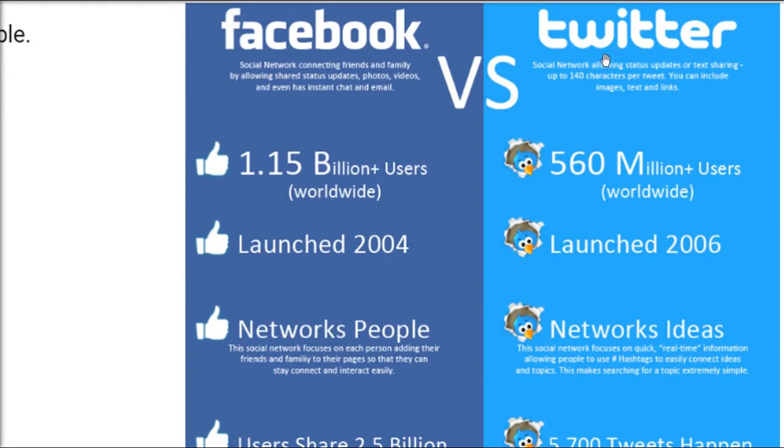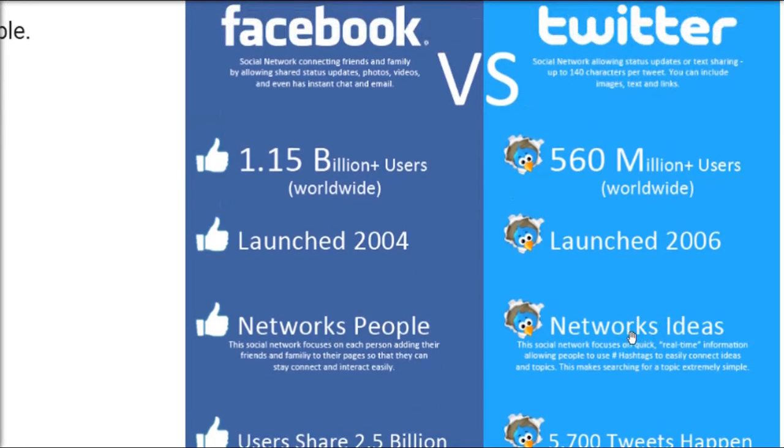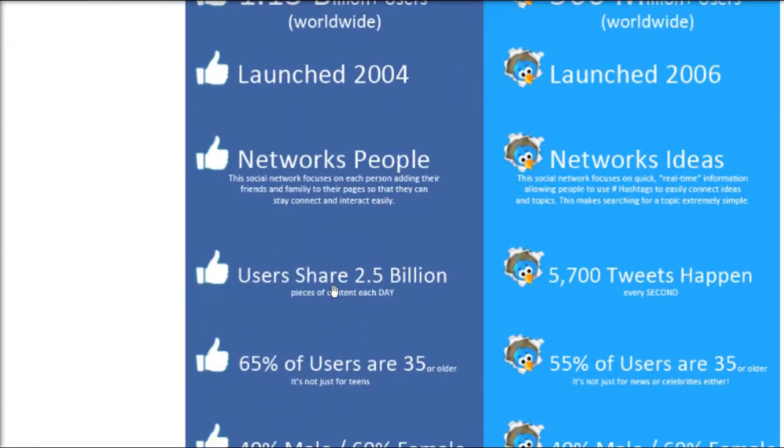Donald Trump, if you see, became the head of a country through Twitter. People are saying that. He was tweeting and people were following him. So basically Facebook is networking people and Twitter is networking ideas, giving ideas and thoughts, and people follow you and wait for your ideas.